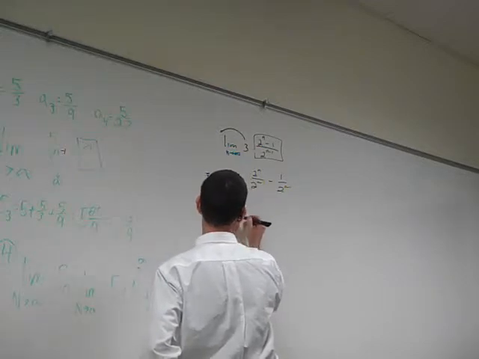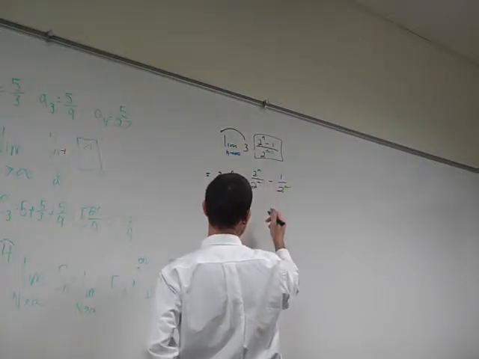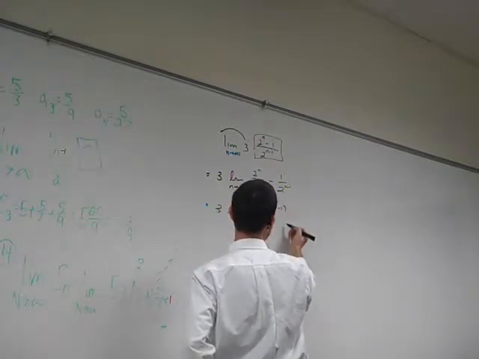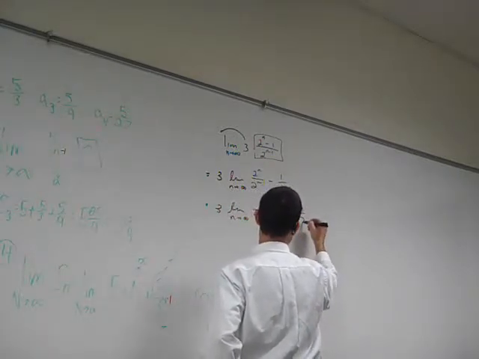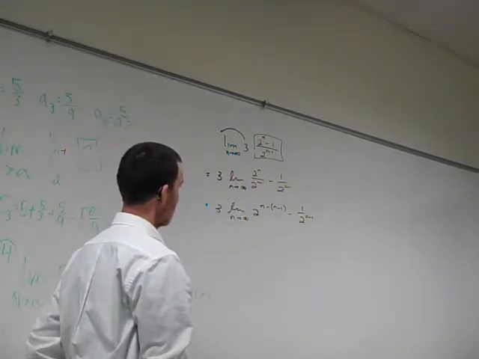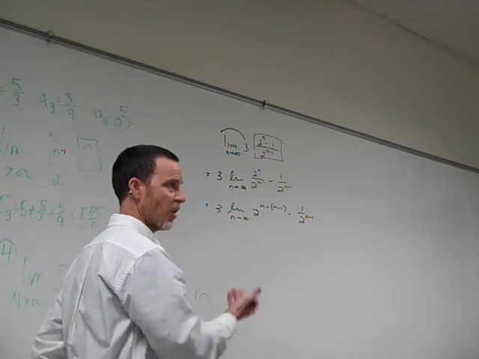Now I'm going to do Talbert's rule, which is when you divide, you subtract. So it's 2 to the n minus n minus 1, minus 1 over 2 all raised to the n minus 1. Right? So same as just putting that back up in the numerator and switching the sign.